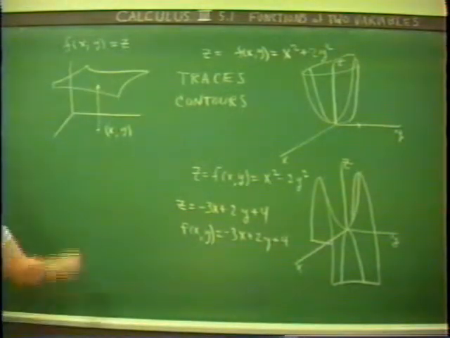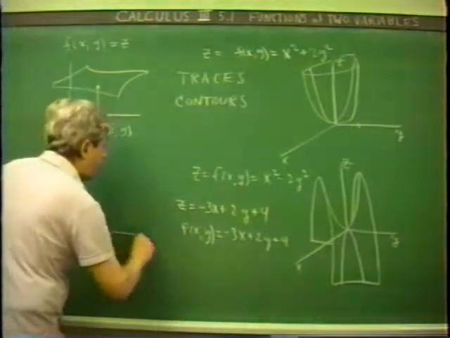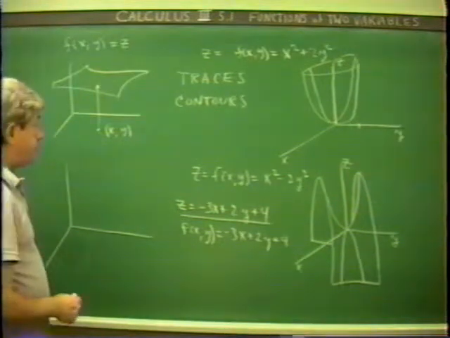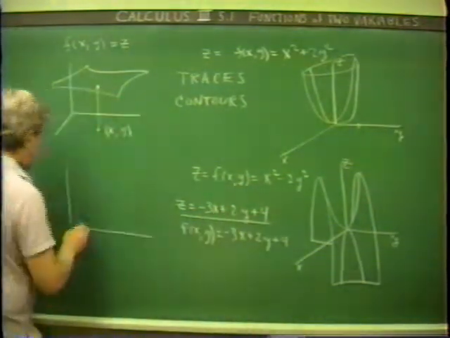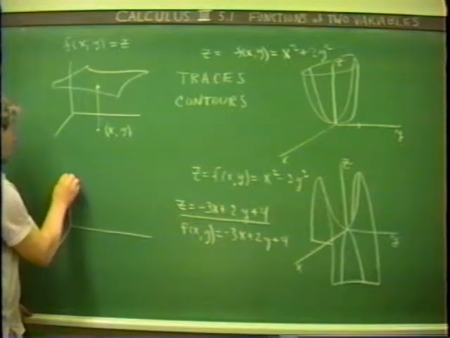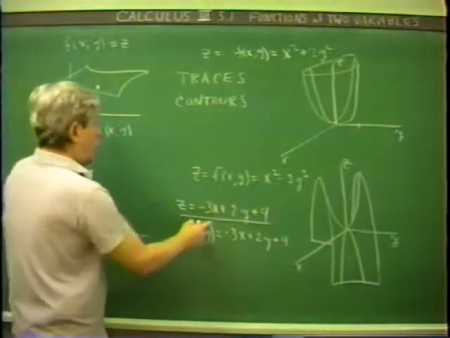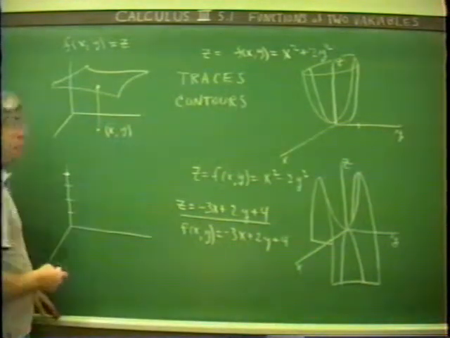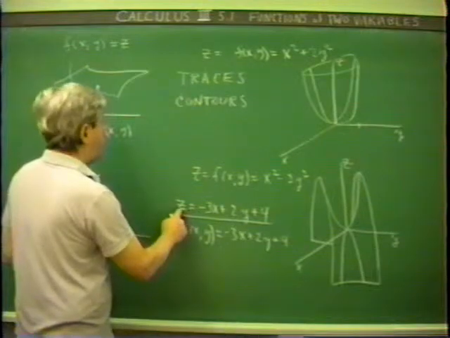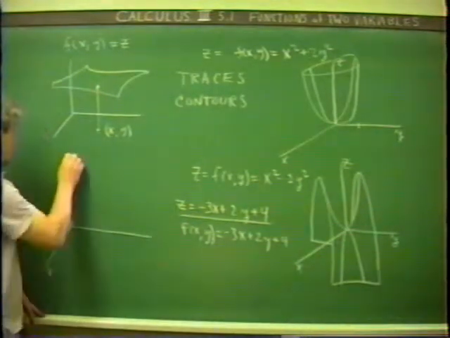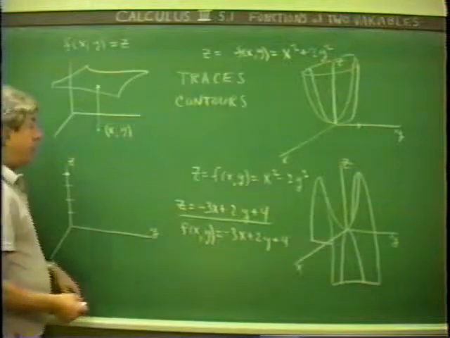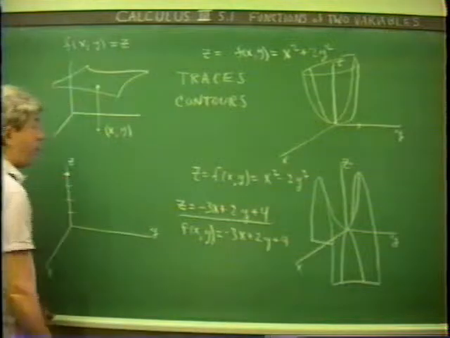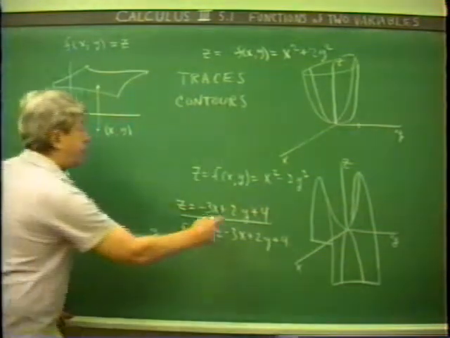for each point x and y. There's a number z here, and to graph this, we want to graph this plane. That's to say, when x is equal to 0 and y is equal to 0, z is equal to 4. So here's one point on the graph. And then if we look for the traces in the xz and the yz planes, when x is equal to 0, z is 2y plus 4. Actually, here, let's plot the point here.